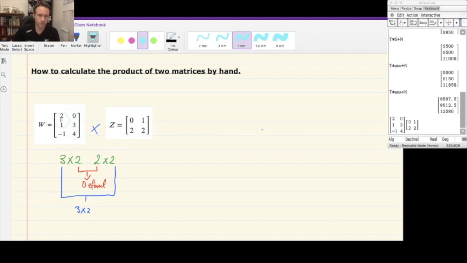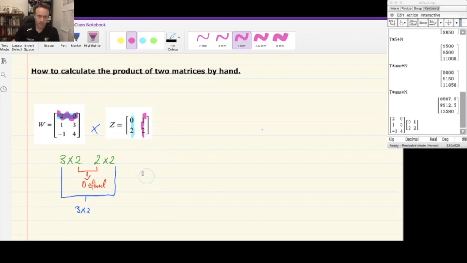In a nutshell, I'll be taking these two numbers and multiplying them by these two numbers, then taking these two numbers again and multiplying them by these two numbers.